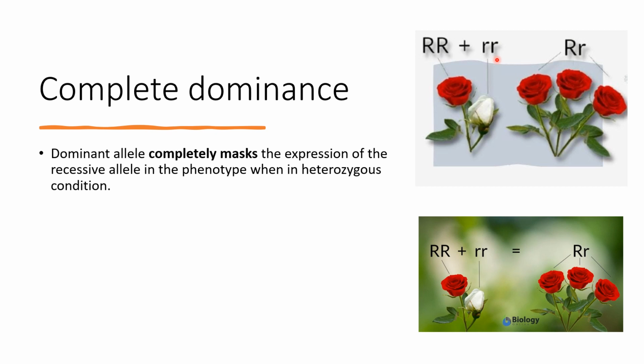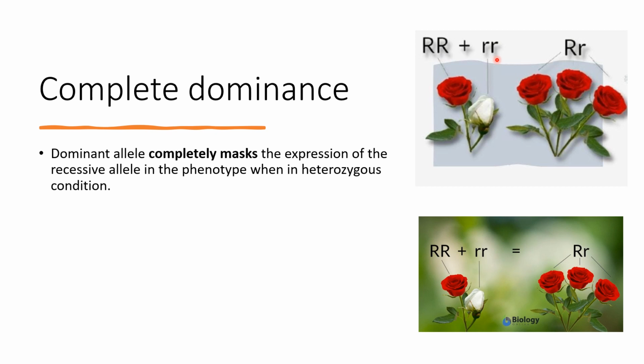In other words, if you have a heterozygous condition, you have two alleles that are not the same. And homo means the same. So if you say they are homozygous, that means the alleles are the same.